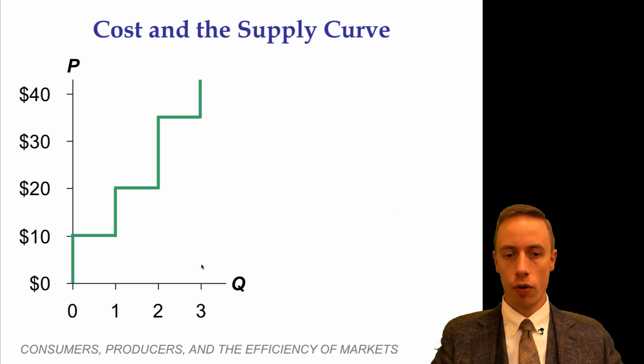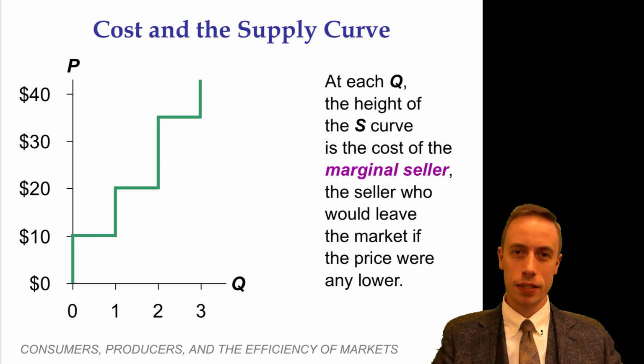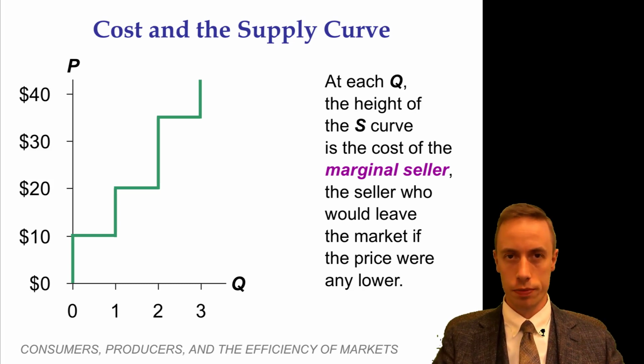So let's look at our first seller here, Jack. Below 10, he's not selling. He starts selling exactly at 10. That means 10 must be his cost. Same as on the demand side, I'll describe this using marginal language.